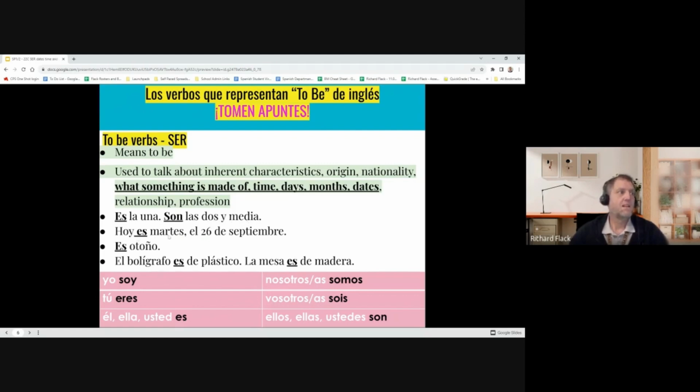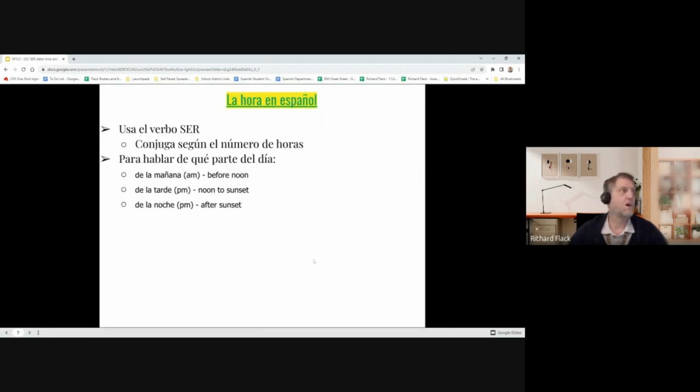Hoy es martes, today is Tuesday, el 26 de septiembre, the 26th of September. Es otoño, it is fall. El bolígrafo es de plástico. The pen is made of plastic. La mesa es de madera. The table is made of wood. So let's find out how to do all these things.